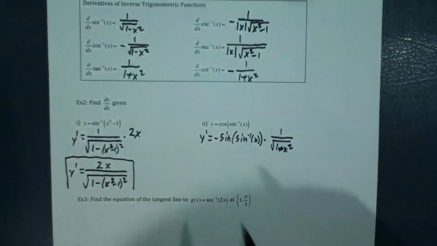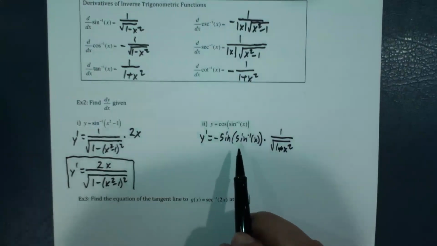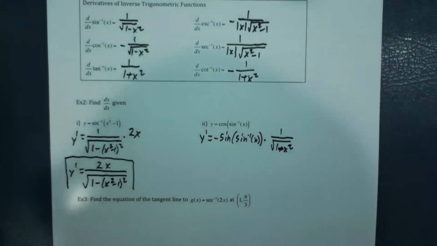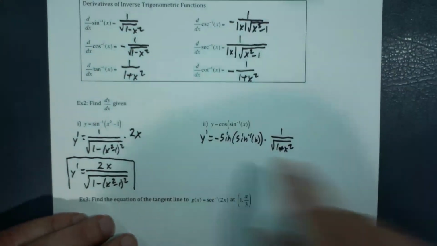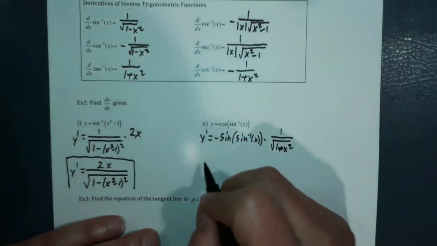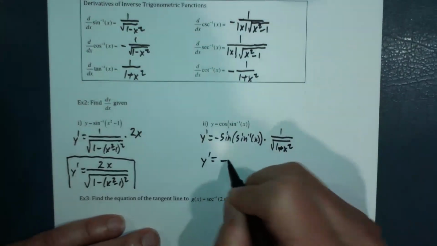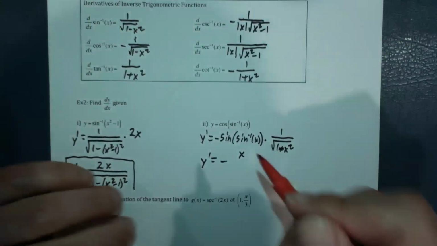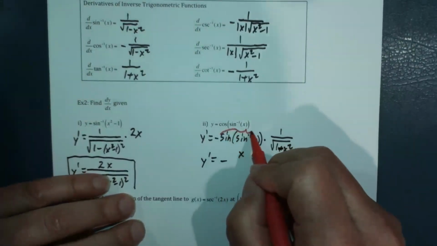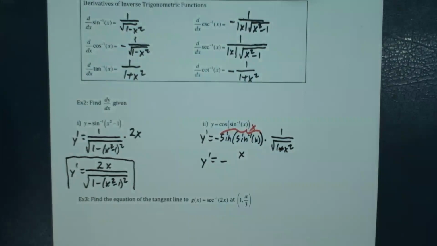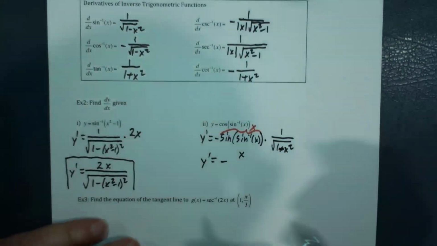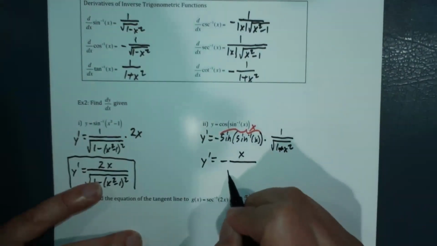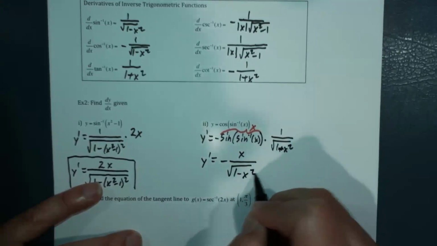Now this very nicely cancels out. If you remember, the sine and inverse sine are inverses of one another, so they actually cancel each other out. So y prime actually becomes negative x. This whole part here becomes x. All of this just becomes x over the square root of 1 minus x squared.